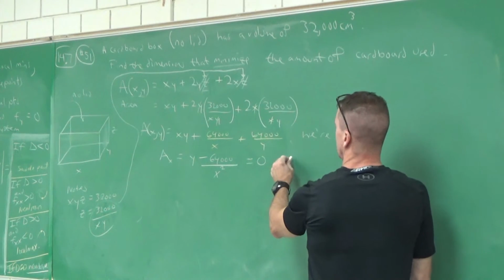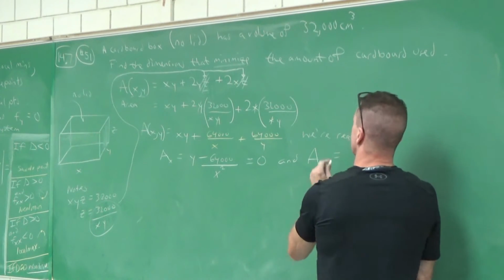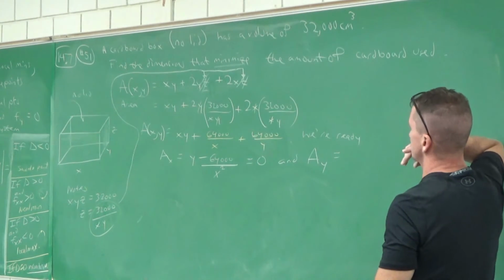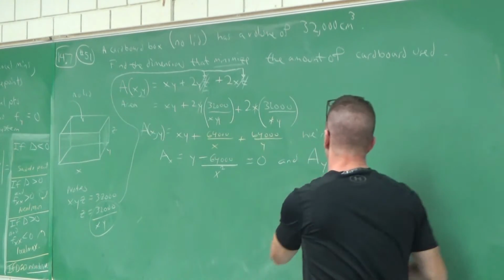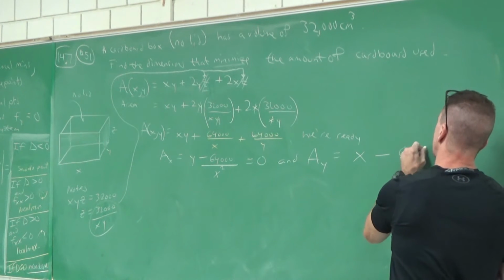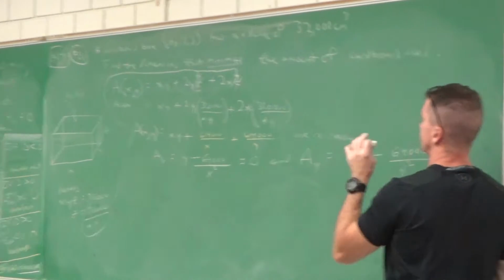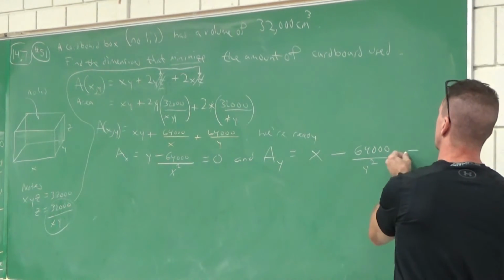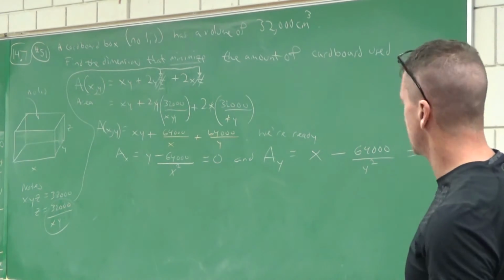Now the partial with respect to y becomes x minus 64,000 over y squared, and I set that equal to 0.